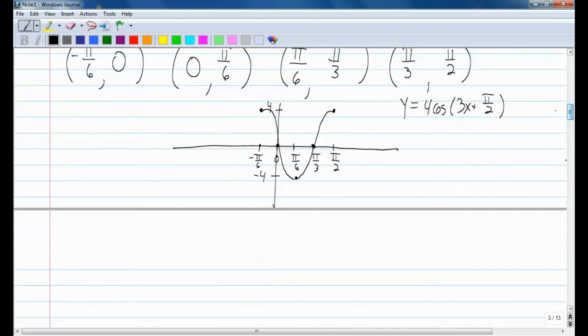Alright, on number 19, this is matching. So what you're going to do on this, you're probably just going to want to write the number on the graph. The 4 graphs that are provided will match up with the 4 equations. 2 of the graphs are sine graphs, 2 of the graphs are cosine graphs.